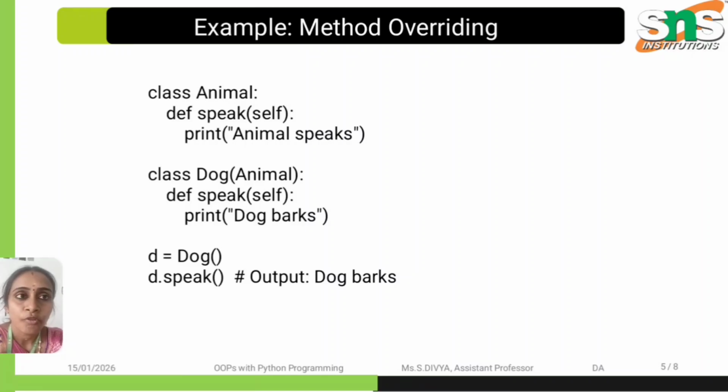The Animal speak, defined as "Animal speaks", has been overridden as "Dog barks". This is the difference. It doesn't affect any of the content inside the class Animal. Only the speak method in Dog has been overridden. So this is the concept.